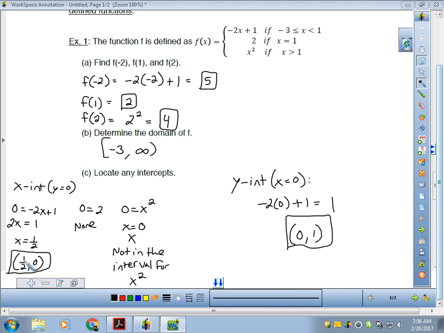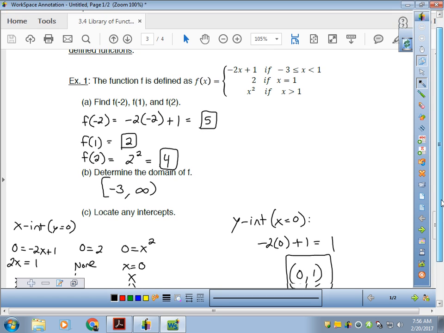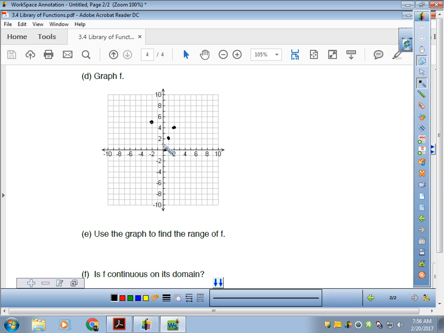I have (1/2, 0). And I have (0, 1). So those are all my points. Right now, that doesn't look like much because it's not enough information yet. But at least we have those plotted.